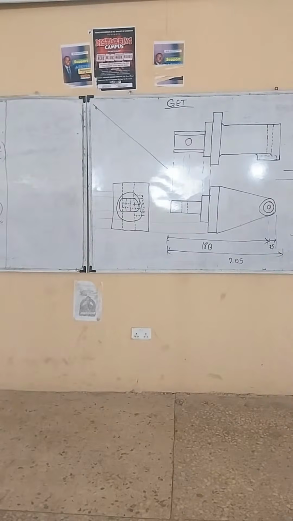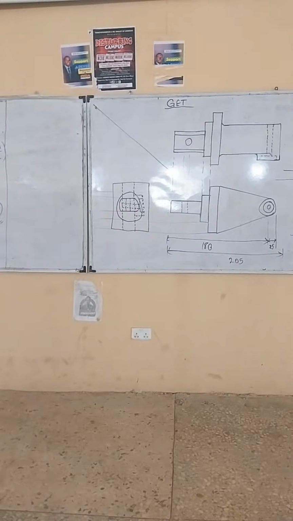Now, plan view says projected from the front elevation. Plan view is always projected from the front, it's not from the side. Projected means it must be the same length with what? With the front. That's what that statement means.